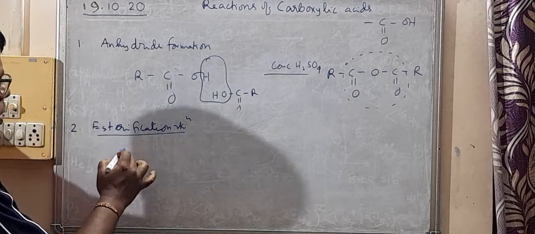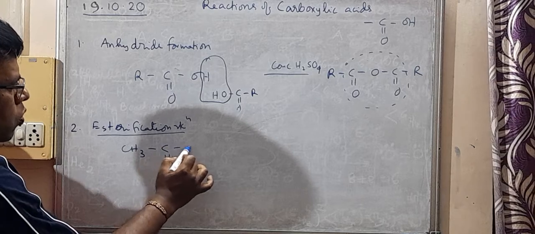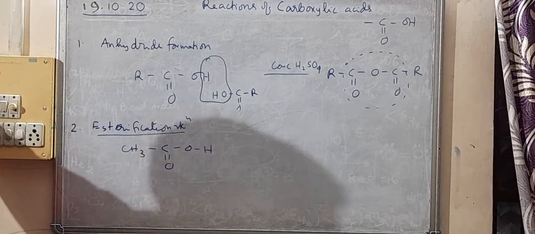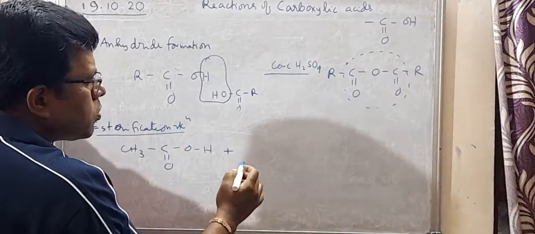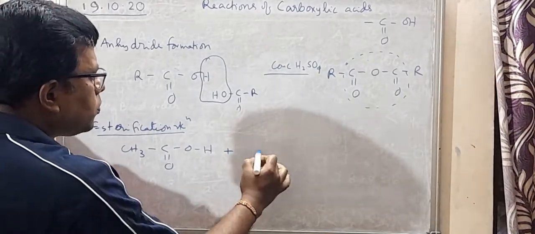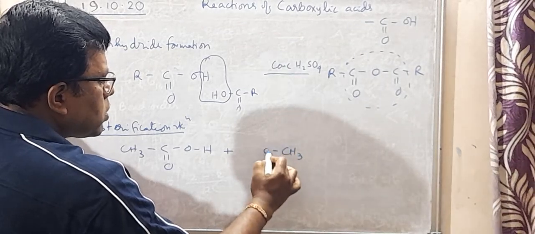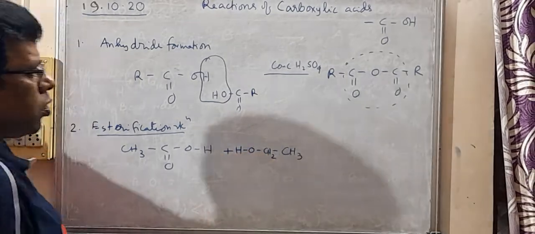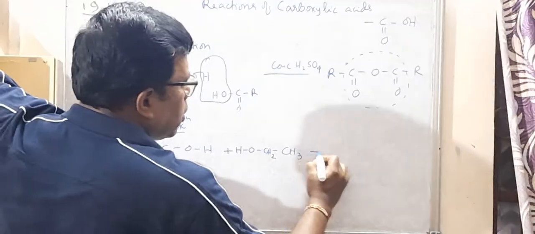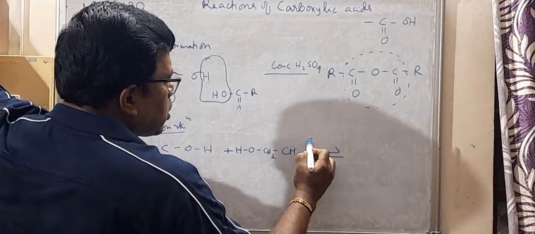It is carboxylic acid, suppose CH3 C double bond OH, reacting with alcohol. Suppose we are taking ethyl alcohol. I am writing ethyl alcohol like this, CH3 CH2OH, again in presence of concentrated sulfuric acid.